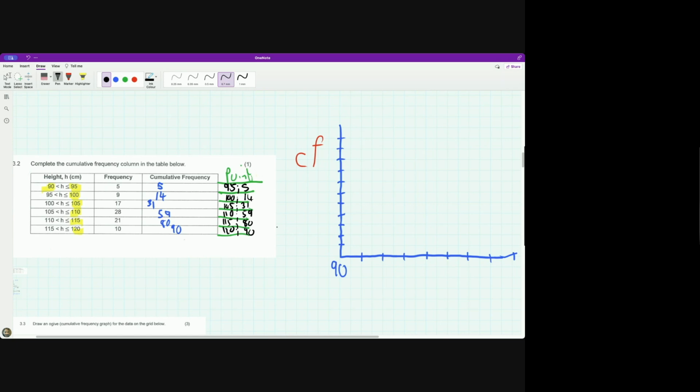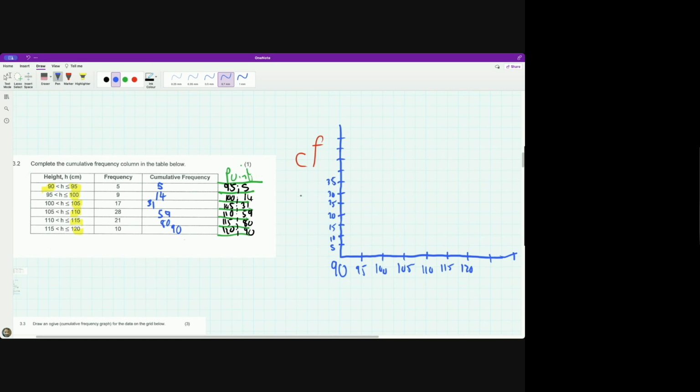Now, what I want you to do is set up your axes and plot these points. But remember, there's one bonus point that you put in just at the beginning. I want you to set up your table like I'm doing. So what do we go? 95, 100, 105, 120. That's it. And then for this, I'm going to go up 5, 10, 35.